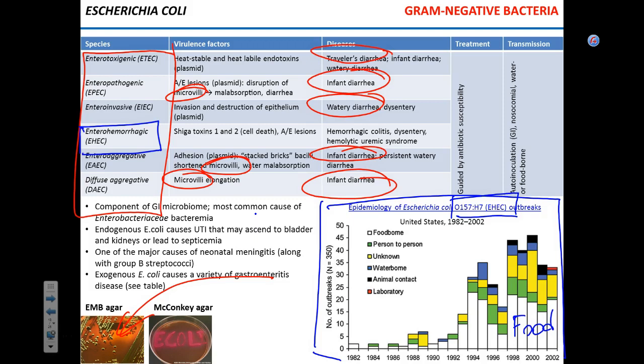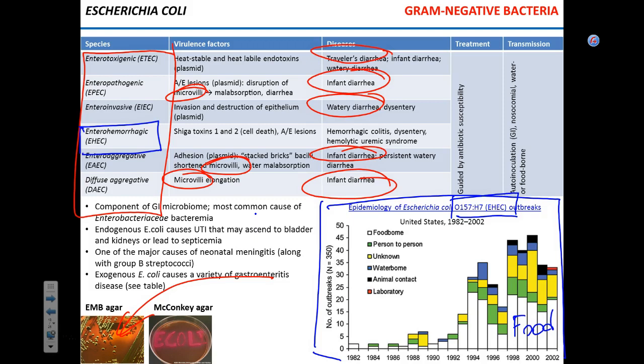But we know that there were outbreaks recently associated with, say, romaine salad. And one of the most famous outbreaks in Germany in, I believe, 2011 was associated with bean sprouts. Now I have to highlight, yes, those are outbreaks. But we're talking about the routine transmission, and routine transmission is through undercooked ground beef.